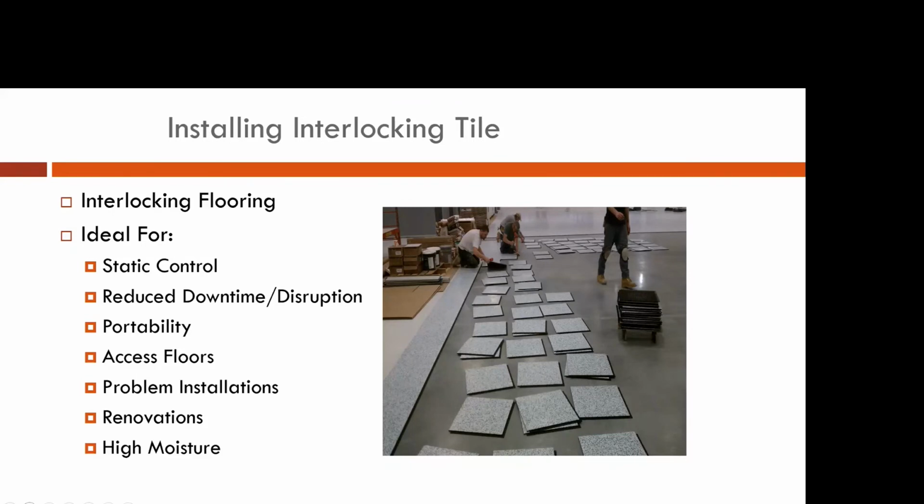And then if you have access floors, interlocking floors are the only flooring that allow you to truly access the floor that's underneath it. That way, you're not putting something over your access floor that you've got to tear out and tear up to get back underneath. And also, repairs are a snap, no pun intended, with interlocking floors. You just pop out the tile that's damaged and put in a new one.